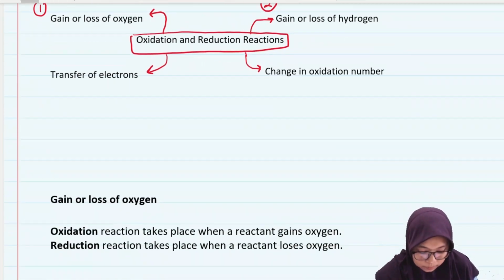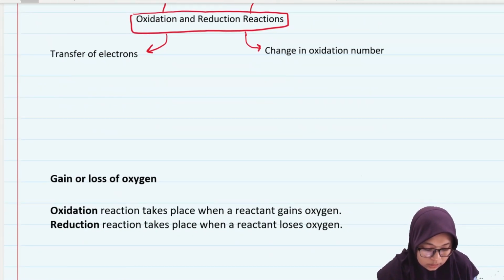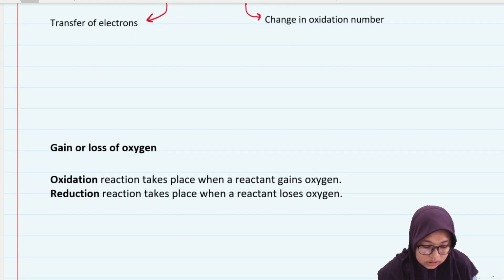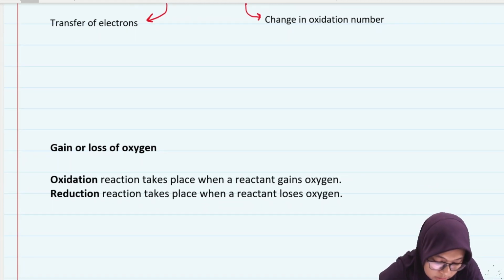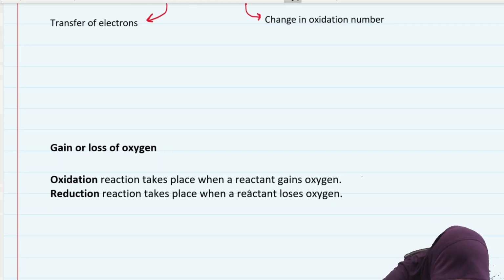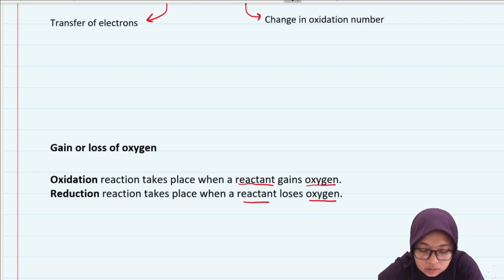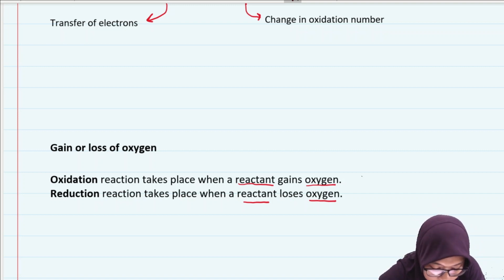Okay, kita tengok kepada definition of gain or loss of oxygen. Okay, oxidation reaction take place when a reactant gain oxygen. Reduction reaction take place when a reactant loses oxygen. So it is in terms of gain and loss of oxygen.